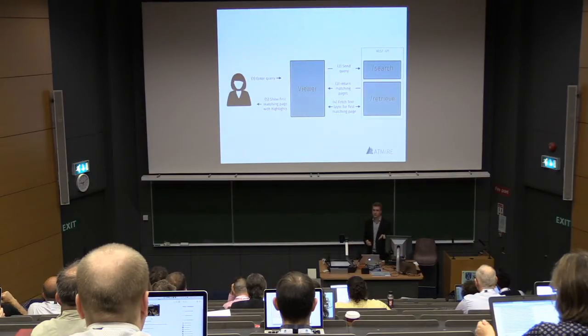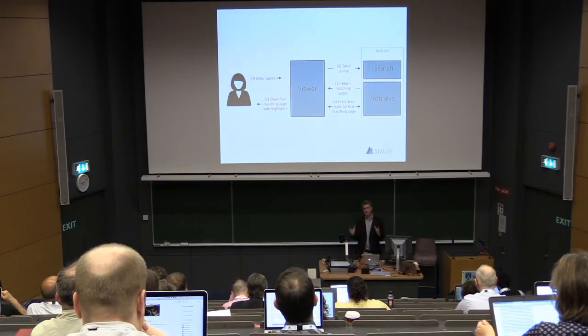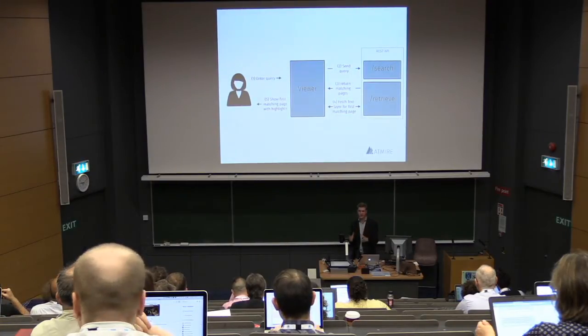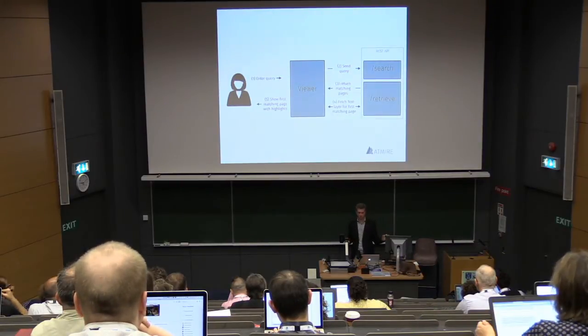And in that moment, our viewer will go back to the REST API and retrieve a text layer for that current page that we're looking at. And that text layer does not just contain all of the words, or all the keywords that occur on our page, but it also contains their spatial coordinates.